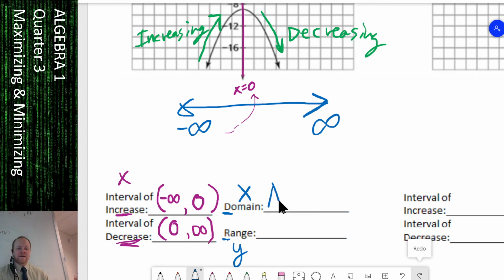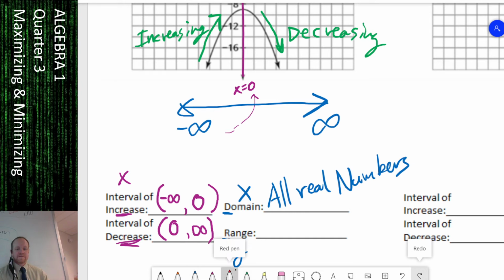We're going to say all real numbers. We got the x values, all possible x values. We could have any x value from negative infinity to positive infinity.